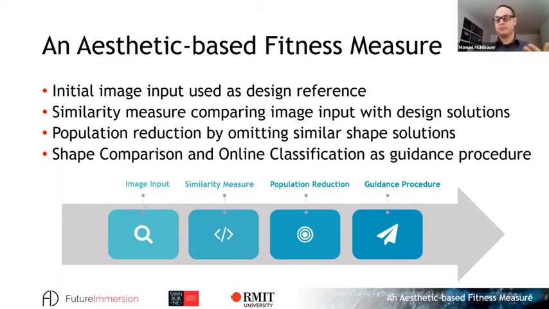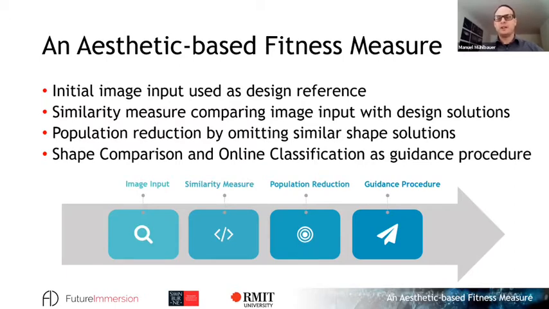This could be basically anything like a 3D model or video, but we used an image for this research to explore using a similarity measure to compare this image input with the design solutions. In this case, we used screen captures of the 3D shapes generated in the process.